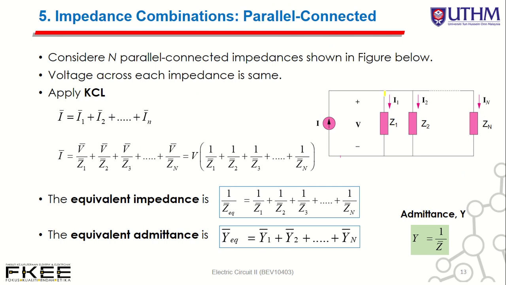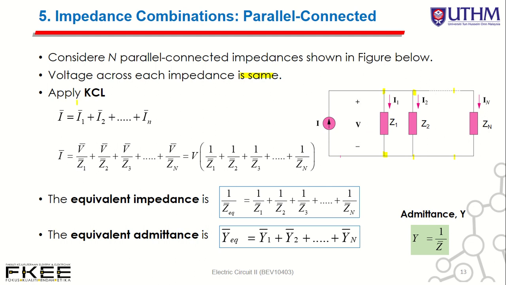So the voltage across each impedance is the same. The voltage across impedances Z1, Z2, Z3, and Zn is equal to V, because the voltage across the same node is the same, equal to Vn in this case.